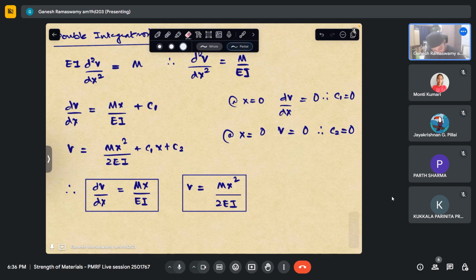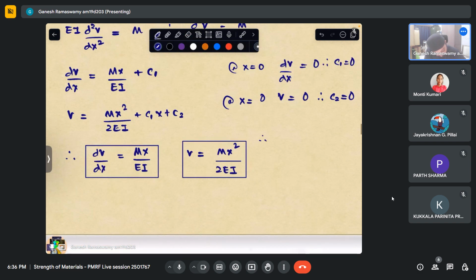So therefore, at the free end, x equal to L, my theta at B is nothing but the same dv by dx at x equal to L, which is ml by EI.